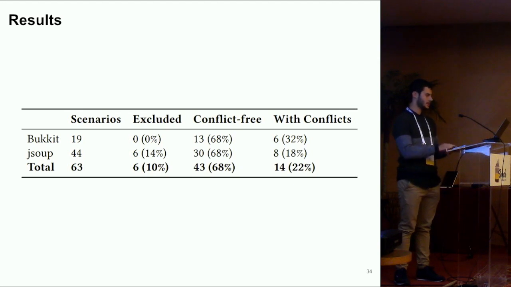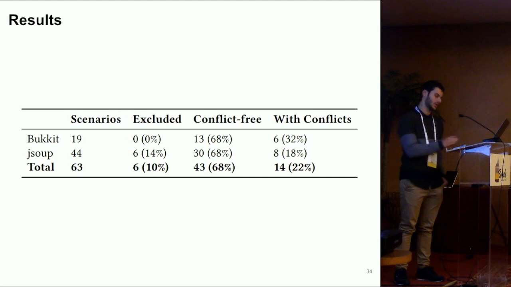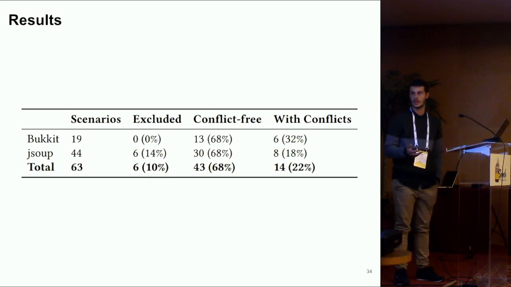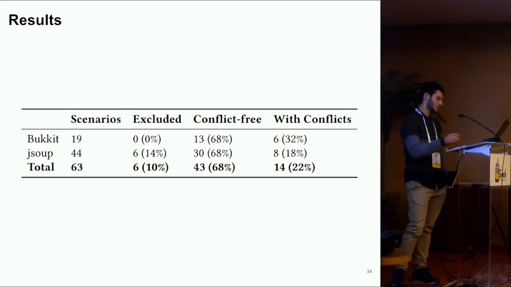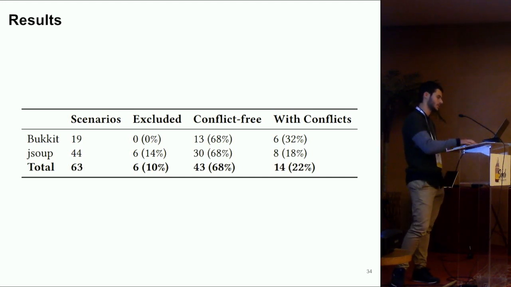In these 6 merge scenarios, at least one of the left or the right sets of transformations was empty, because the only modifications we had in that branch were in elements that Jade was not covering. So we had to exclude them, because there is no point in doing the conflict detection phase when one side has no transformations.